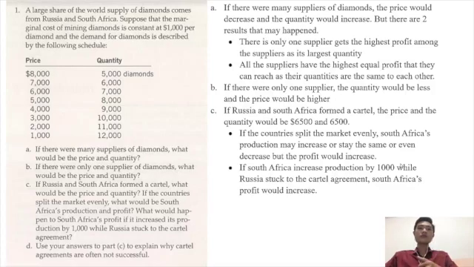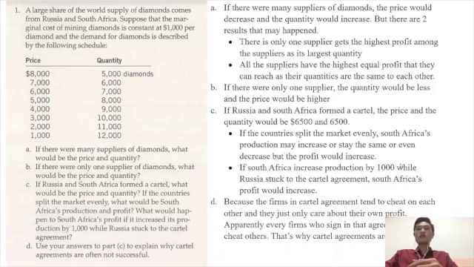So question D: the firms in a cartel agreement tend to cheat each other and they only care about their own profit. Apparently the firms who sign the agreement tend to cheat each other. That's why cartel agreements often fail.